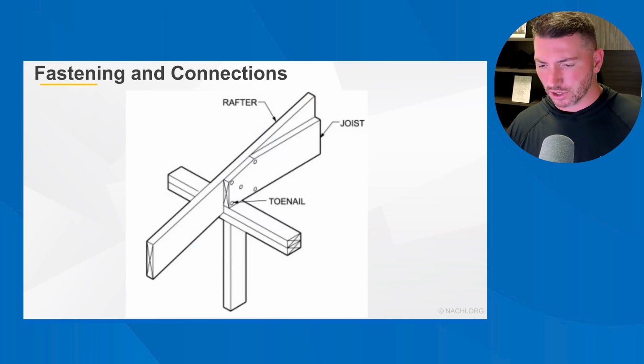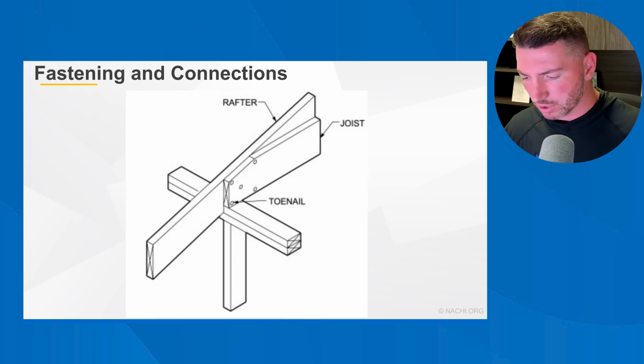Fastening and connections. So when you've got a rafter, that joist is toe-nailed into the top plate. The rafter is probably toe-nailed. While you're inspecting roof framing, you'll notice various fastening methods holding components together: nails, screws, metal connectors, hurricane ties, and the specific requirements for fastener spacing, size, and type are detailed in the International Residential Code.